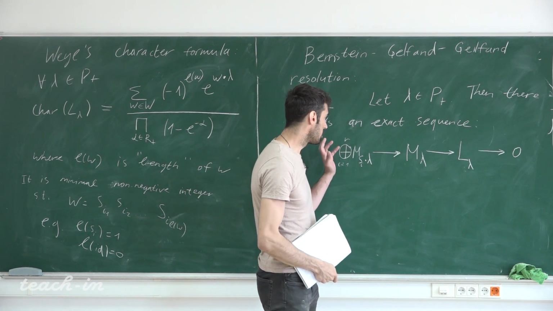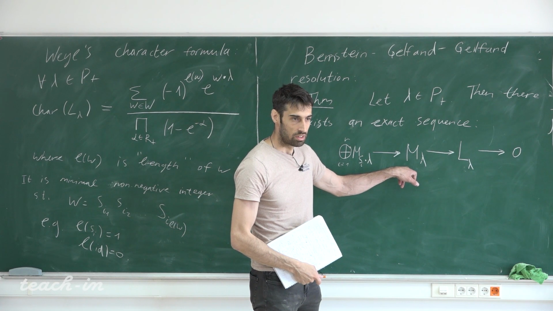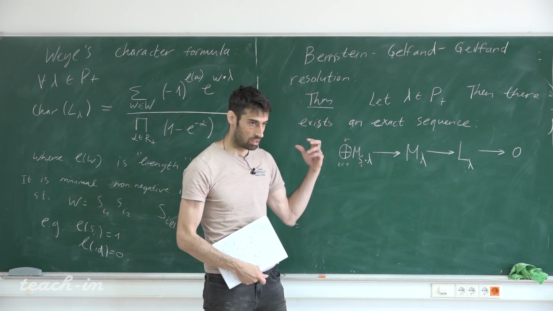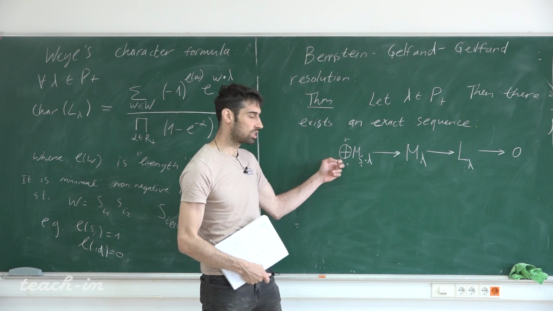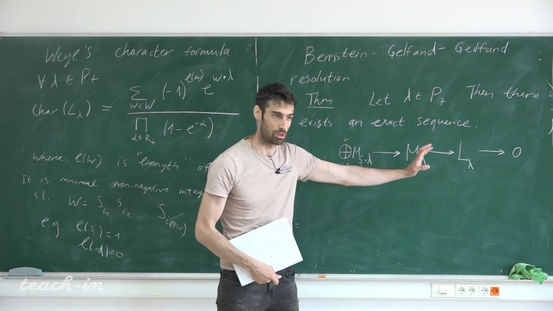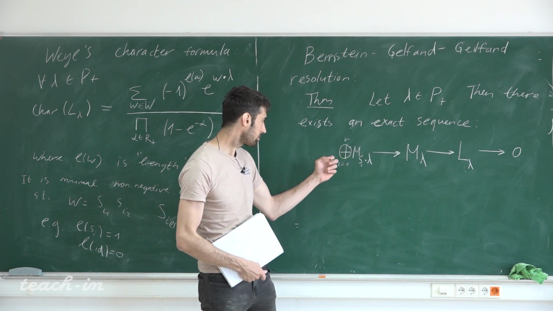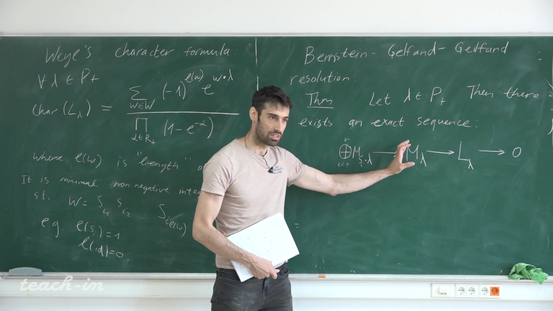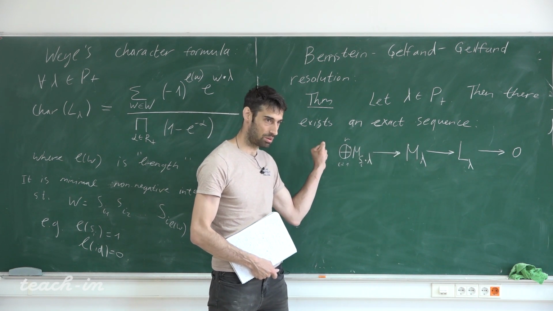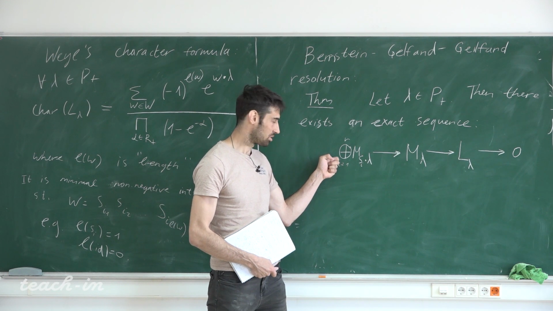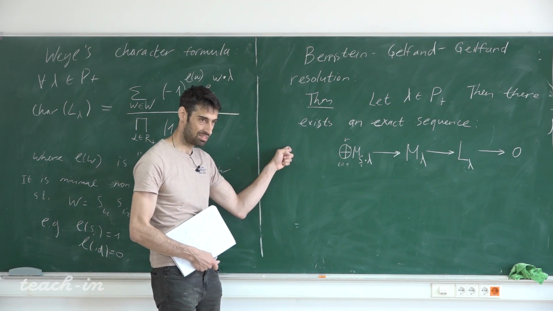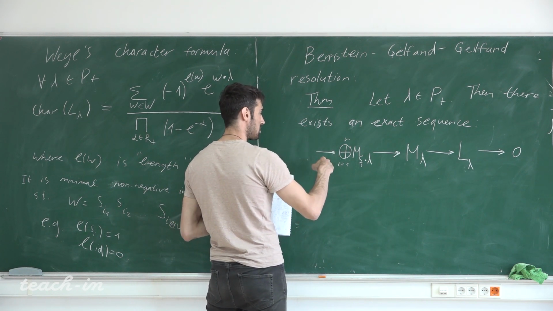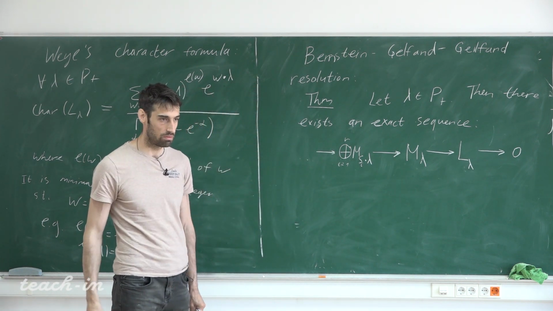I can take the direct sum, map it to M lambda, each Mi as we figured out. But it might have some intersections, so the image will not be direct. So actually this map is not injective. Something glues together in here.